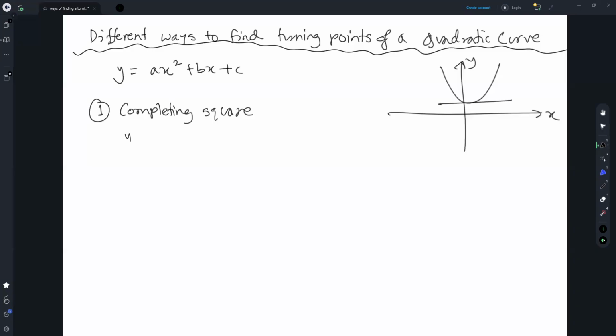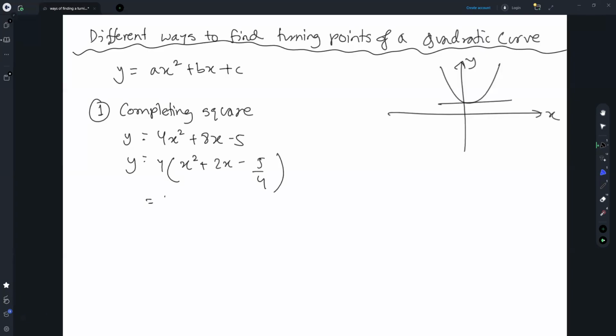Anyways, y equals 4x squared plus 8x minus 5. I'm just going to put this example as my test here. This is what I'm going to use for all of the methods. Now, the way you do this is by taking 4 common out of these, and then you write x squared plus 2x minus 5 by 4.